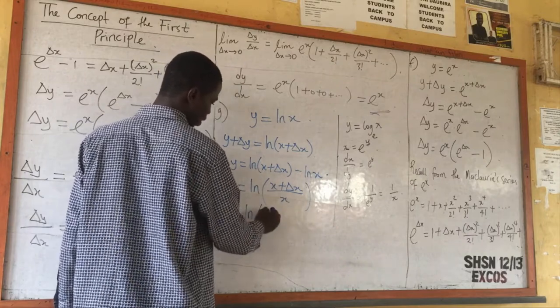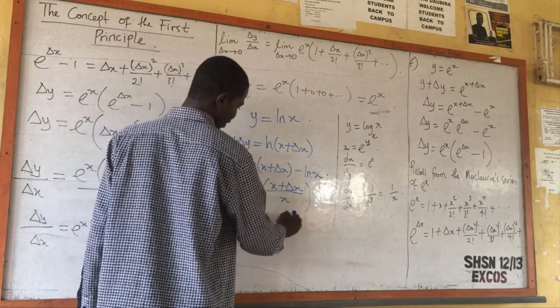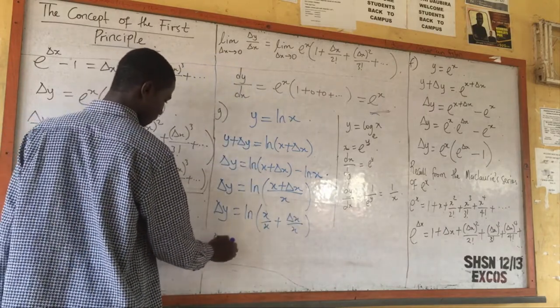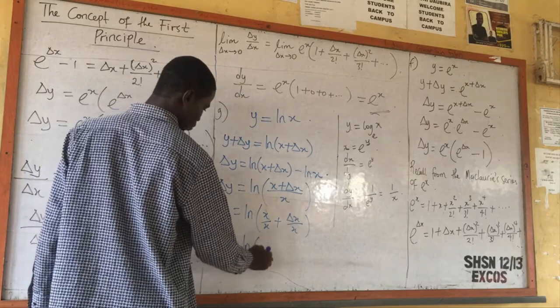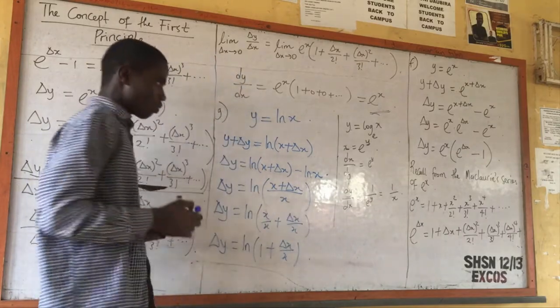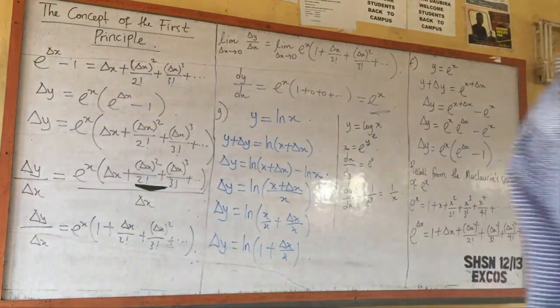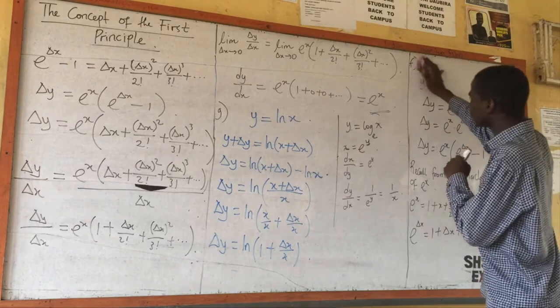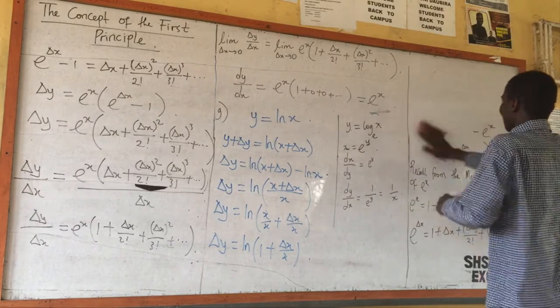I will separate it: s over s plus delta s over s. So delta y is equal to ln of 1 plus delta s over s. So God is with me. What is the next thing I'm going to do? The next thing I'm going to do is divide both sides by delta s.